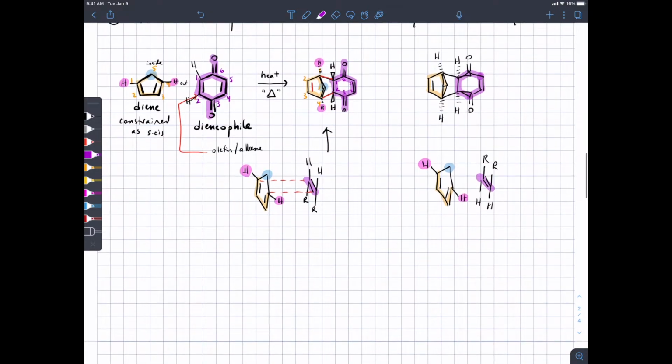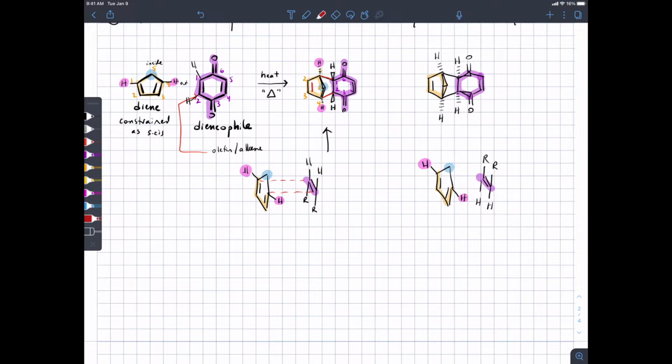All right, so the relationship between these 2 products is diastereomers. You can tell that because we've switched stereochemical configuration at these 2 stereocenters, but not at the other ones in the molecule. And we have a special way of talking about these 2 diastereomers.